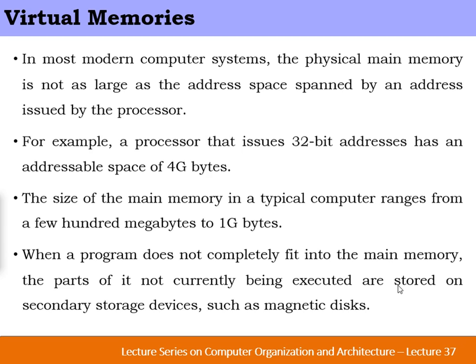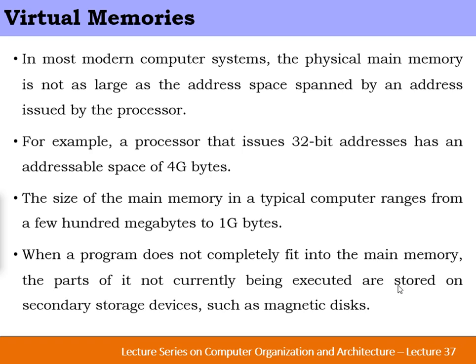In most modern computer systems, the physical main memory is not as large as the address space spanned by an address issued by the processor. The processor issues addresses, but the memory is not actually available for that much address space. Let us consider one example.